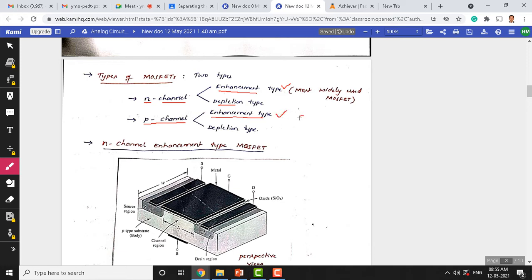The reason is that in CMOS, which is complementary metal oxide semiconductor, we will see both types of devices: N-channel enhancement, which we call NMOS, and P-channel enhancement, which we call PMOS. Within a single silicon chip of CMOS, it houses both. So if you become familiar with them, it becomes easy to understand more about the CMOS device.